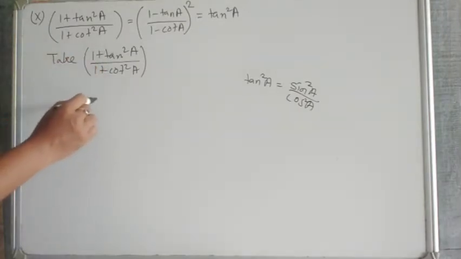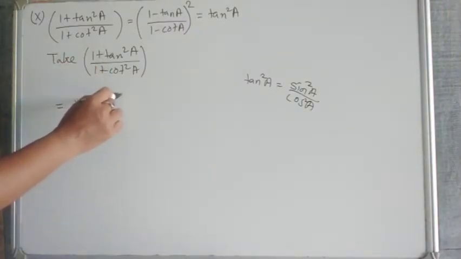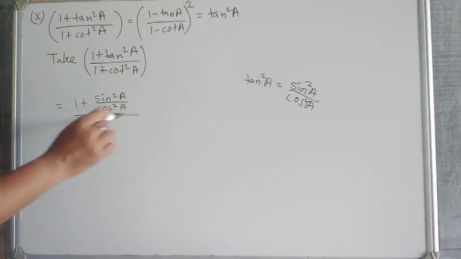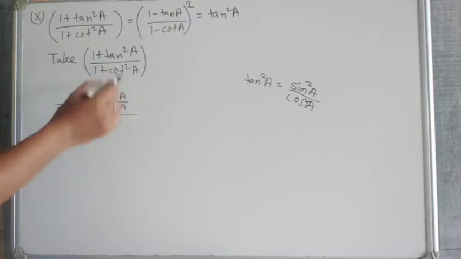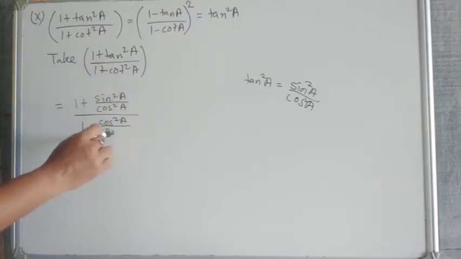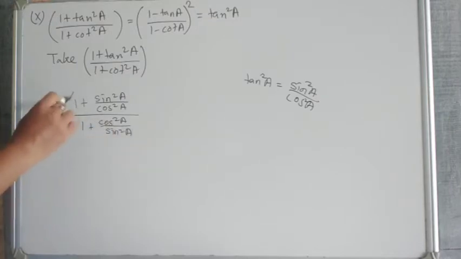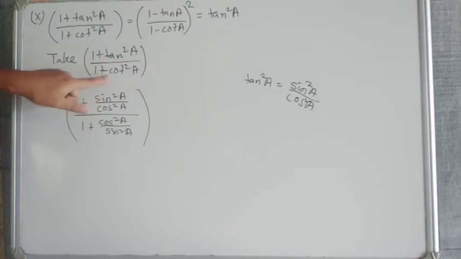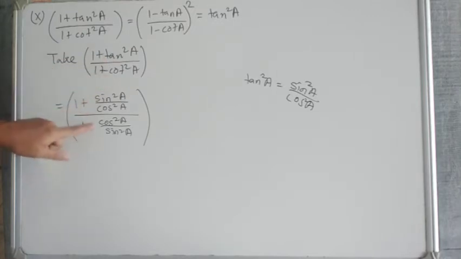So tan square A will become sin square A by cos square A, whole by 1 plus cot square A, which is cos square A by sin square A. Is it clear from here to here? Tan becomes sin by cos. Cot, I told you, is the reverse of tan, that means cos by sin.